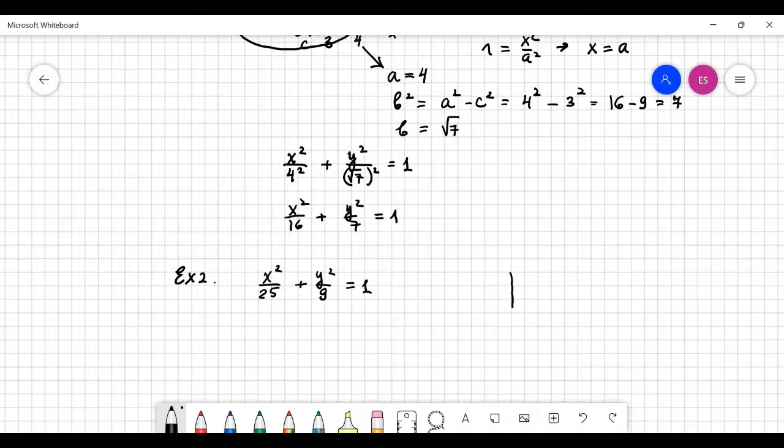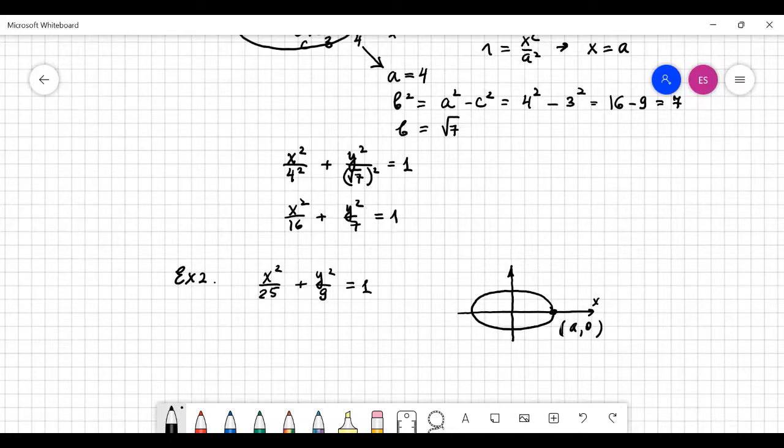Well, let's recall what the important points on an ellipse graph are. If you graph just any arbitrary ellipse, you know that there is going to be over here a point with coordinates (a, 0), which is called the vertex of an ellipse. It happens because when you set y equals 0 in the standard equation of an ellipse, you are going to get a.